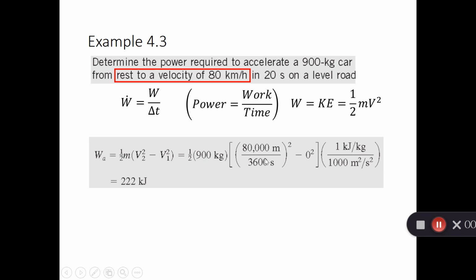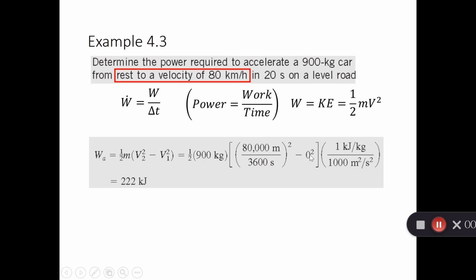Why do you have to divide by 3600? Because to change from kilometers per hour to meters per second. Remember, in this equation, we always use the standard units. So v2 squared minus v1 squared, where v1 is of course 0 because it starts at rest. And we still have to divide by 1000. Why?